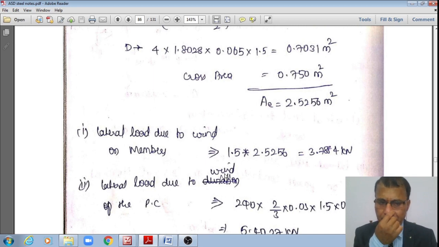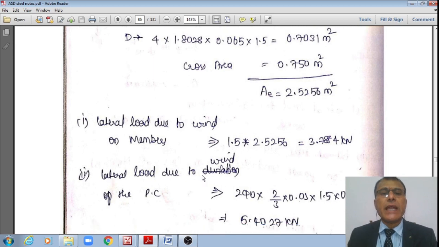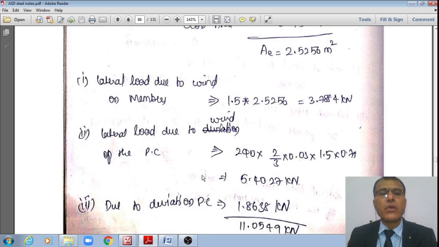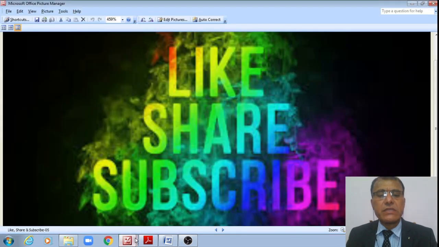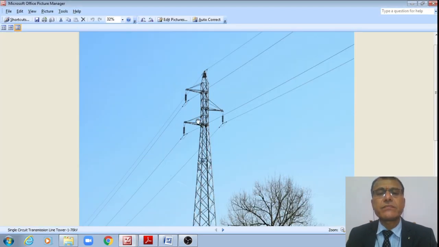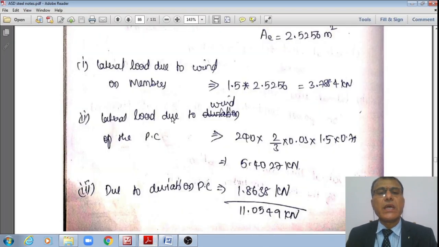Once I get this, I'll calculate the lateral load due to wind. Lateral load due to wind on the members is equal to 1.5 multiplied by 2.5256, which is 3.7884. Next is the lateral load due to wind on the power conductor.